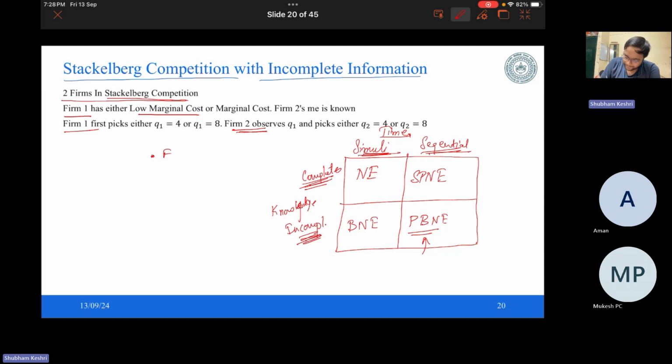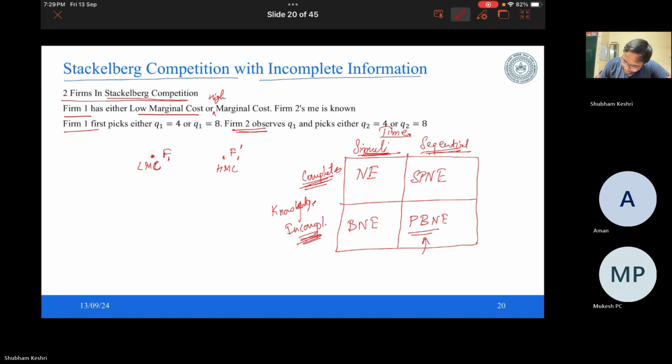Firm 1 can be of low marginal cost, F1, and F1 dashed, it can be high marginal cost. So it can be of two types, right?